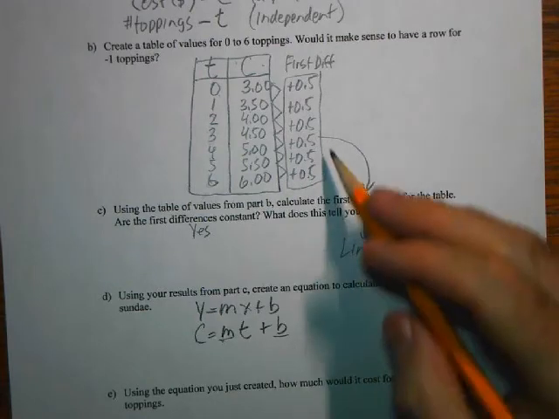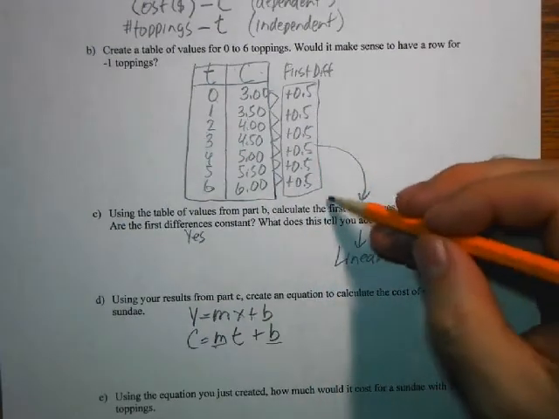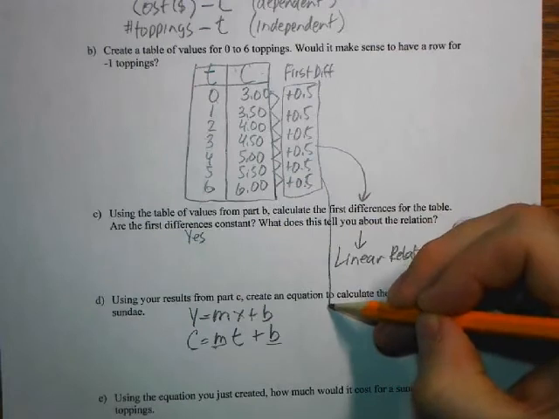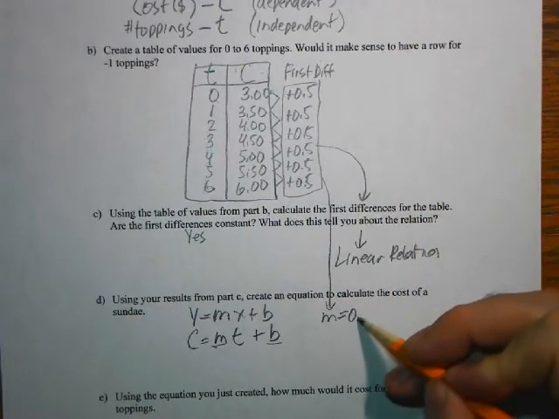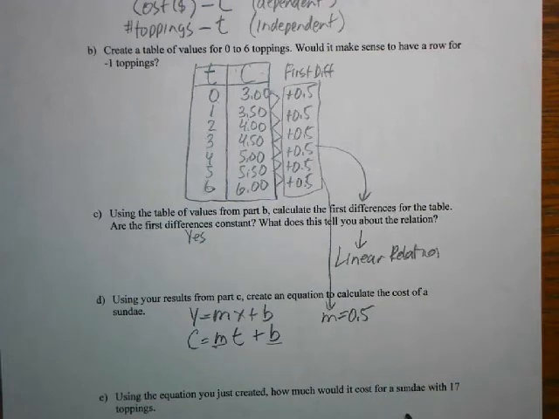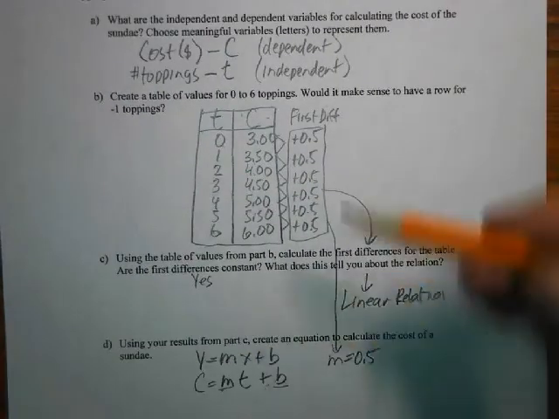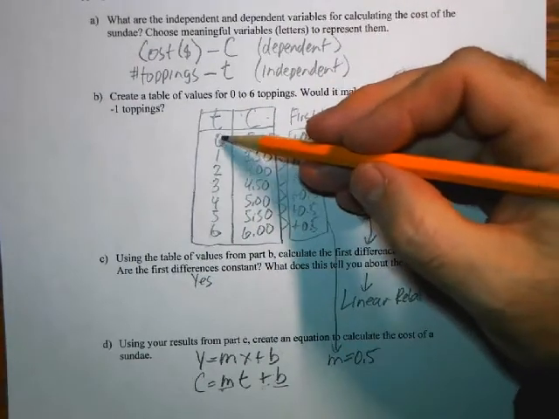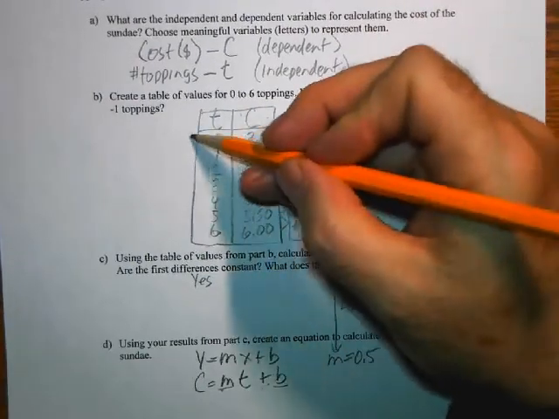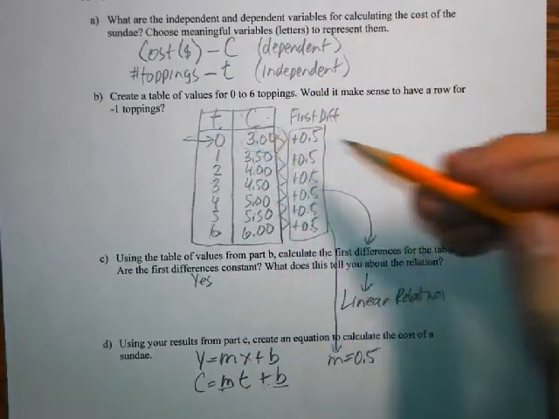So the fact that I've already got the first differences, we know that the first differences are also the slope. So m is equal to 0.5. Okay. Now, what about the b value? So remember, we did this exercise in the last example. If I go back to the table of values, I'm looking for where t equals 0, and that's the very first entry. So whatever that value is, that's my b value.